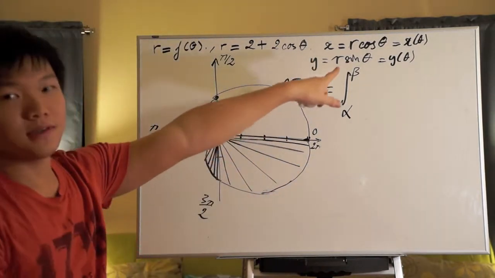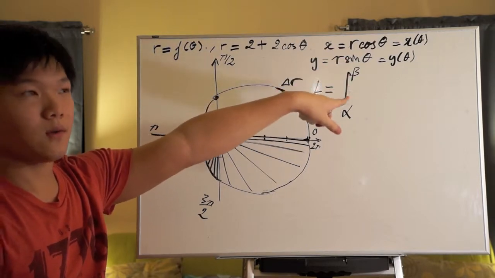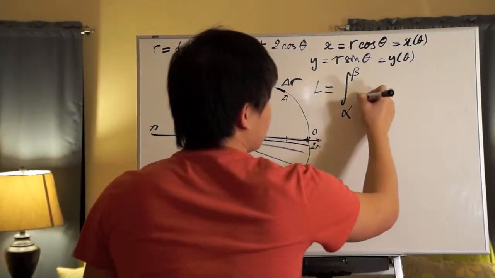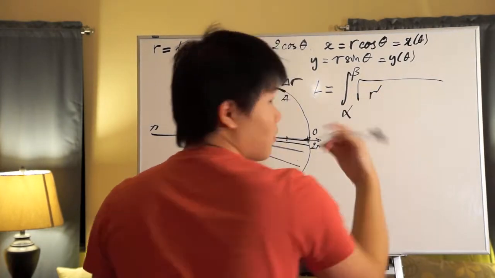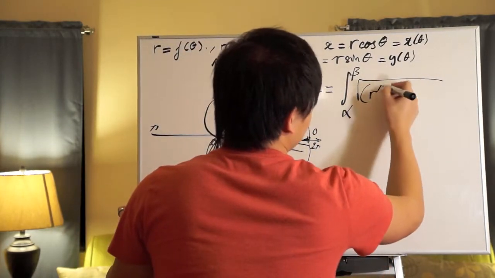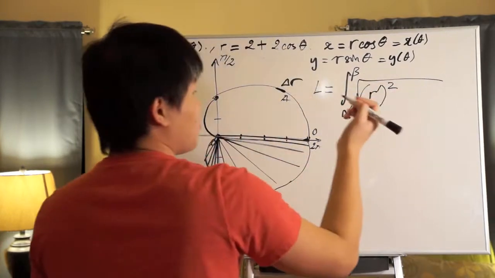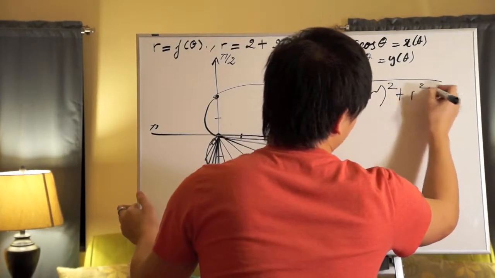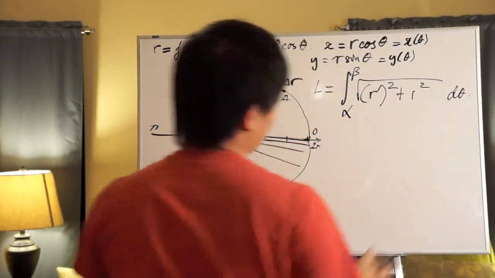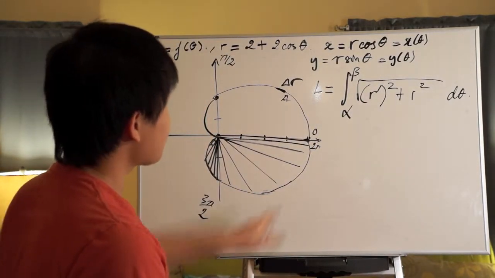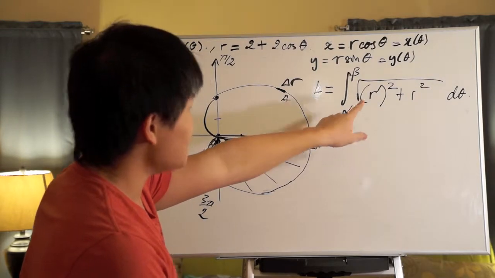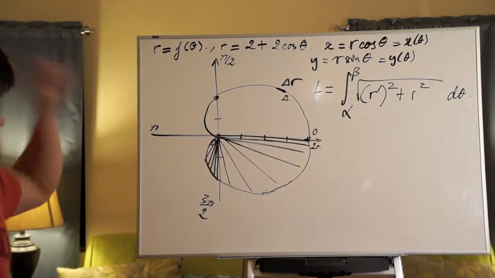We figured out that this is r prime squared plus r squared, where of course r is a function of theta, but for the sake of simplicity we write it as r, d theta. Alright, so that is the equation for calculating the length of a polar curve.